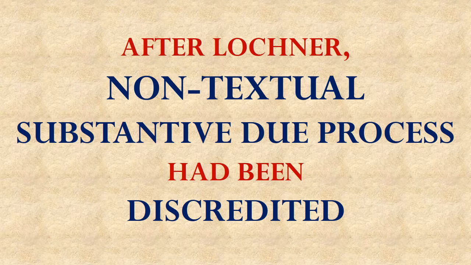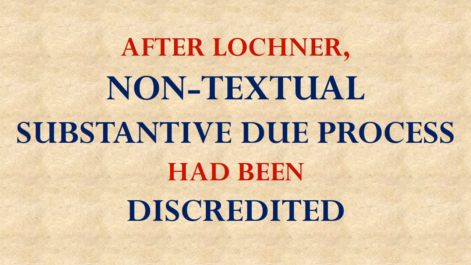It set them up in a position to decide the constitutionality of any law that they didn't like and dismiss it with this very theoretically weak notion of non-textual substantive due process. And eventually they decided they just shouldn't be doing that anymore. And the whole practice was discredited. And it stayed discredited for several decades.